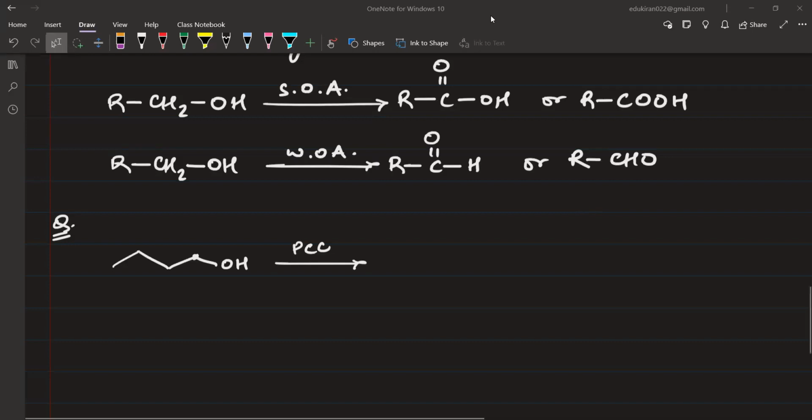Look, most of the people write CHO like this. Now tell me how many of you thought about this? Raise your hand that this will be the product. How many of you thought that this will be the product? In the chat, no one. What is the problem in this then? Mariam Khatoon, tell me what is the problem in this structure? Is this the right product or wrong product?